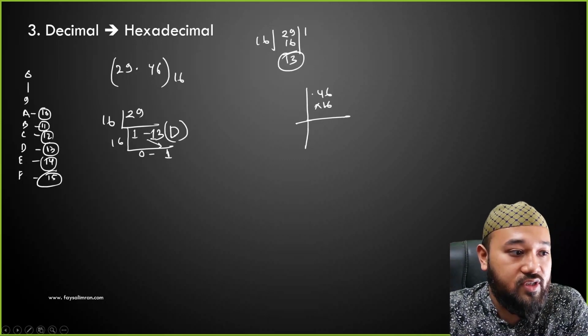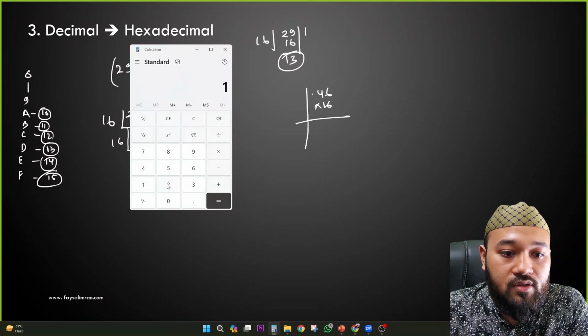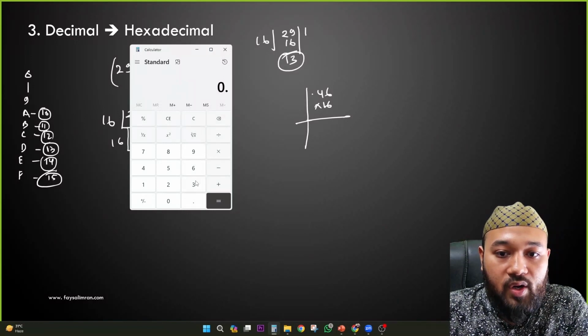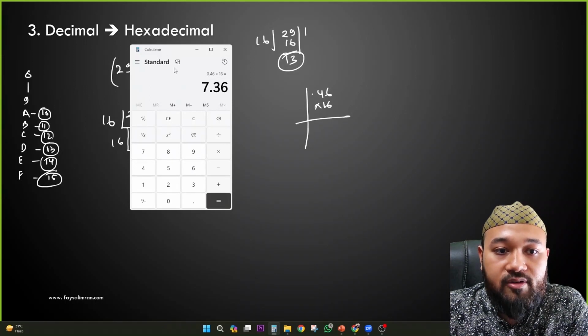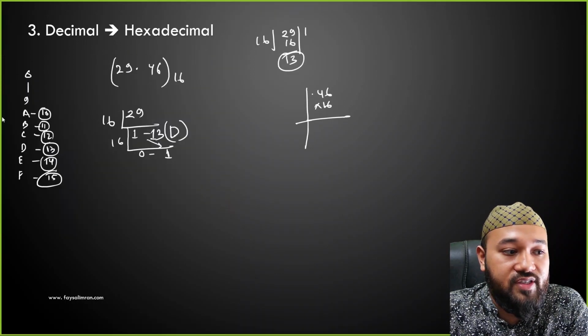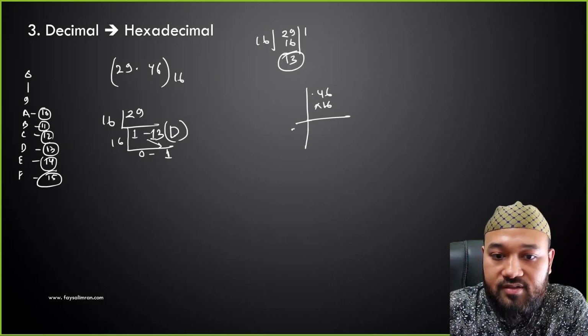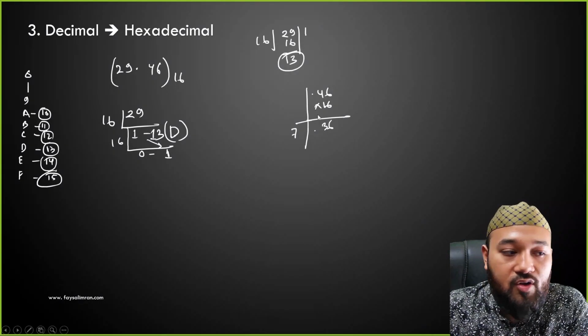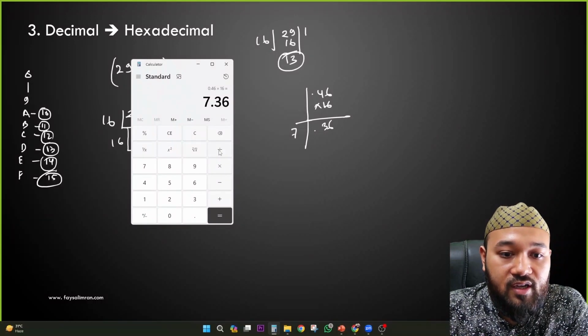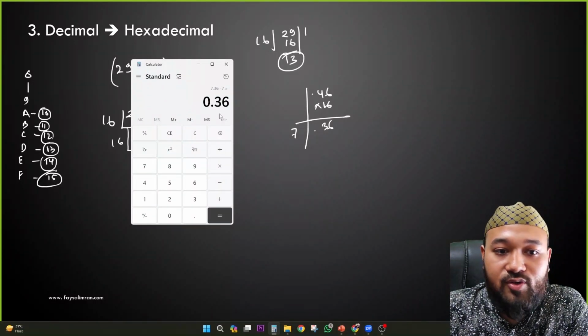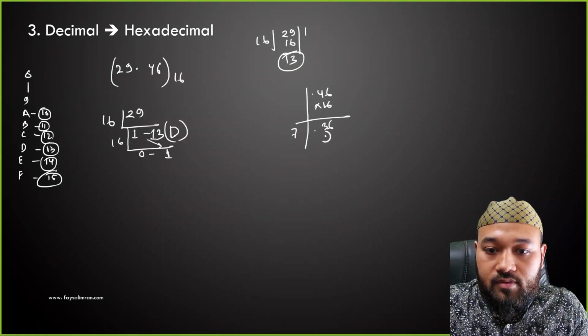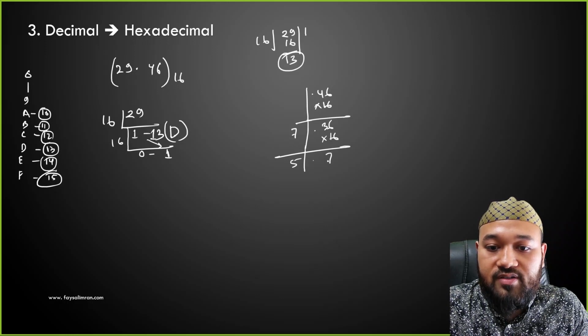Also we have to calculate 0.46 by 16, which you can do with your calculator. 0.46 into 16 gives 7.36, so I put it here, 7.36. Then I subtract 7 and get 0.36, and multiply by 16 to get 5.76.